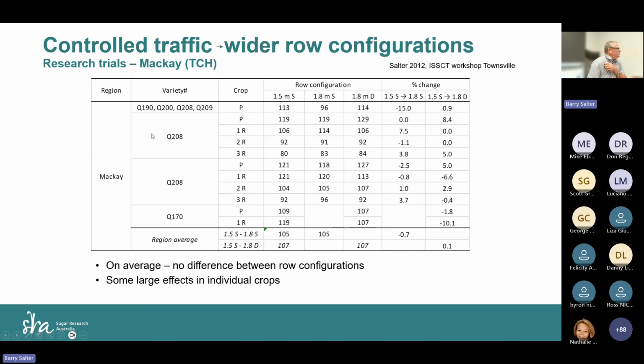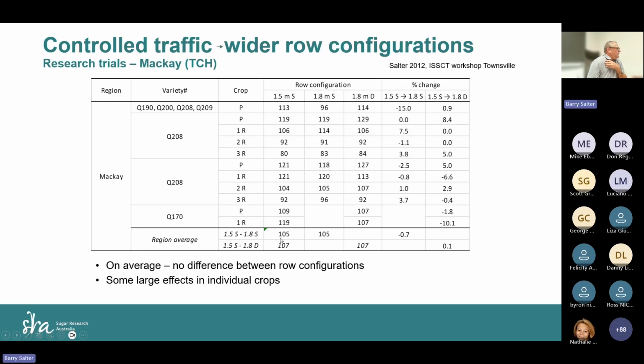So essentially, this is all the research trials that were conducted in Mackay. You can see that there was, I think, 4 trials here. They had different varieties. Some of the trials had multiple varieties in them. And then I just looked at the differences between 1.5 metre single row spacing versus the 1.8 metre single, or the 1.5 metre single versus the 1.8 metre dual, and some of the differences in yield that were found in those trials.